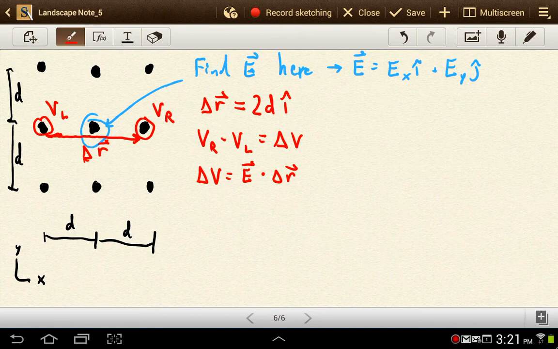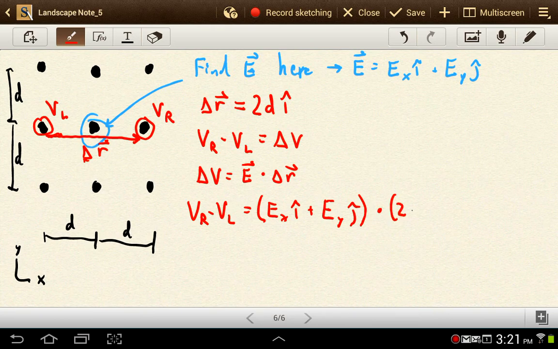So here we can plug in VR minus VL. That's our delta V here, right? Then our electric field is EX times I hat plus EY times J hat. And then we're going to dot that with our 2D in the I hat direction.